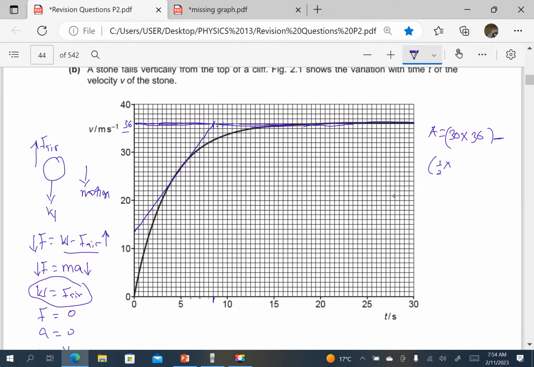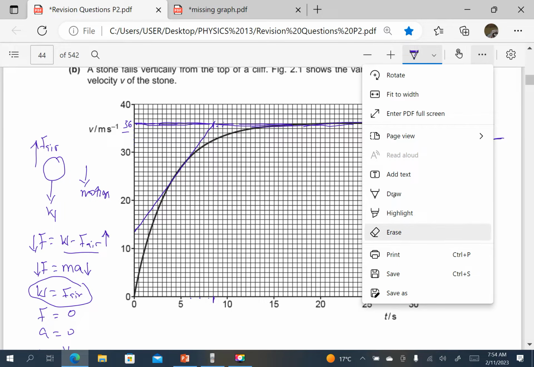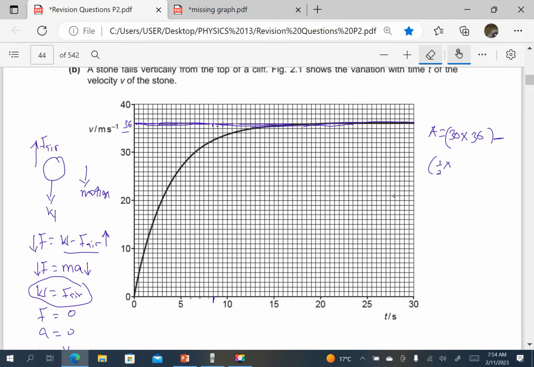Let me change this triangle so that it is easier to use. I'm going to put it at 8. This is 6, 7, 8.